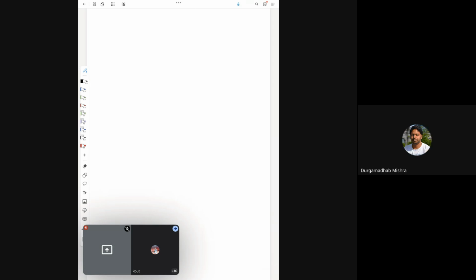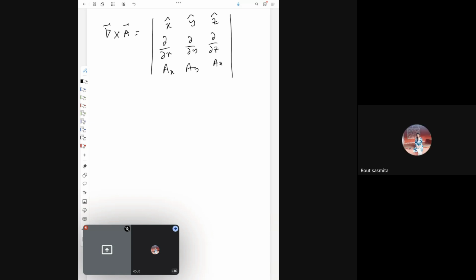Similarly, a curl is defined like this: when you take a curl, you write x cap, y cap, z cap, then del by del x, del by del y, del by del z, then ax, ay, az. This is how you calculate the curl of a vector. The curl of a vector basically tells you how much the vector rotates around a particular region.